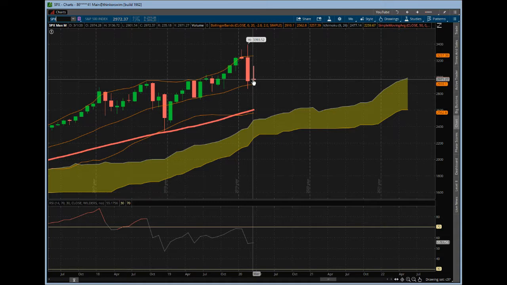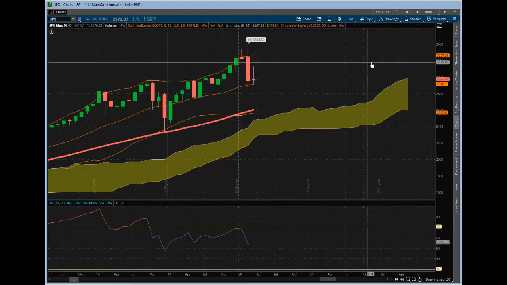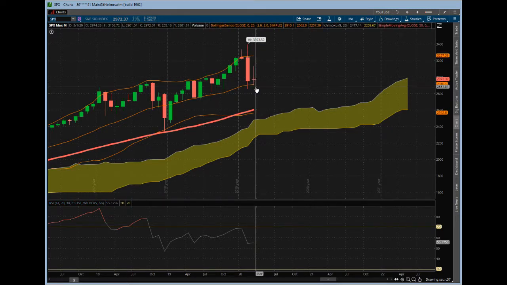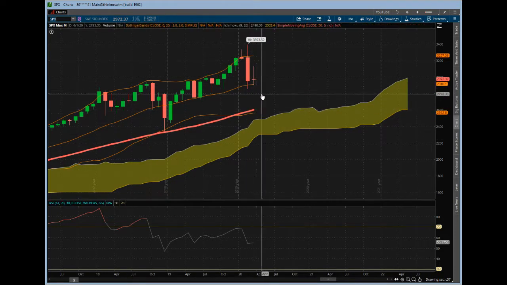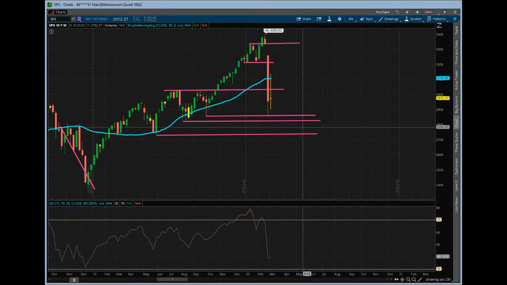In fact, it's just beginning, and we are likely going to be gapping down tomorrow. We'll take a look at the S&P futures in a little bit. If we actually get down here in the 2800s, that's really going to make this a nasty red candle, and it'll definitely put that monthly 50 MA in sight. We know how important that one is if the bear market actually wants to start.